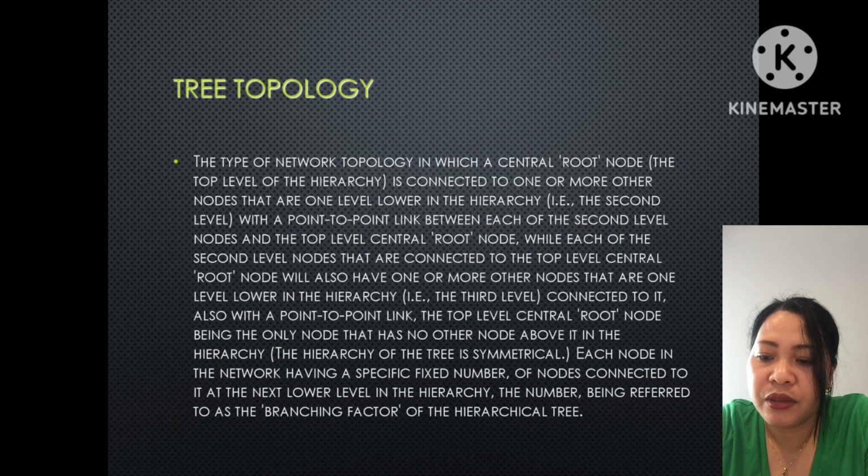Each of the second level nodes connected to the top level central root node will also have one or more other nodes one level lower, i.e. the third level, connected to it, also with point-to-point links. The top level central root node is the only node that has no other nodes above it in the hierarchy.